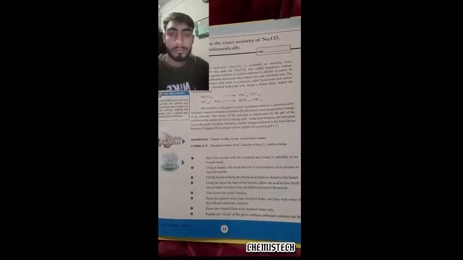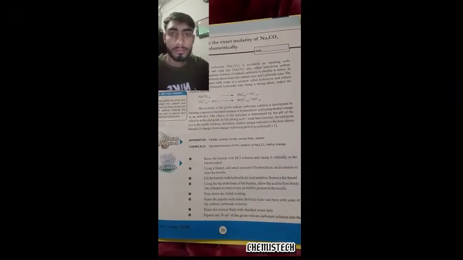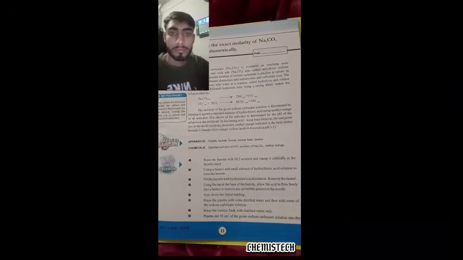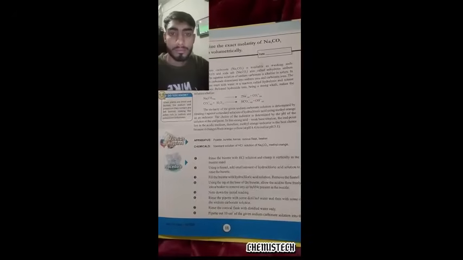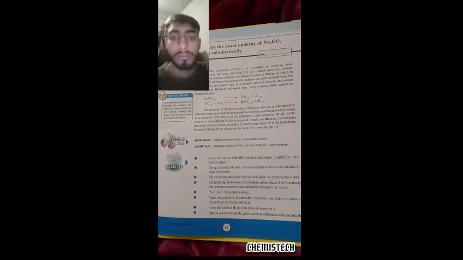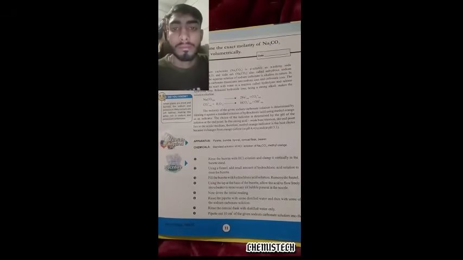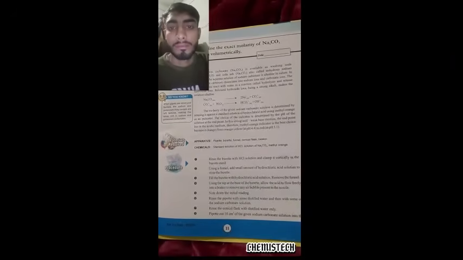Here is the formula: Na2CO3 → 2Na+ + CO3^2-, CO3^2- + H2O → HCO3- + OH-. The molarity of the given sodium carbonate solution is determined by titrating it against standard solution of hydrochloric acid using methyl orange as an indicator.